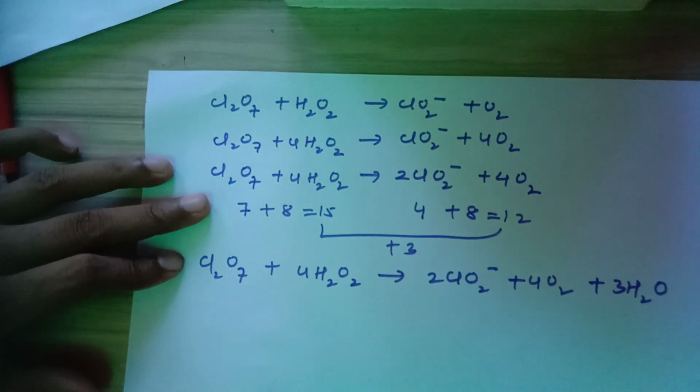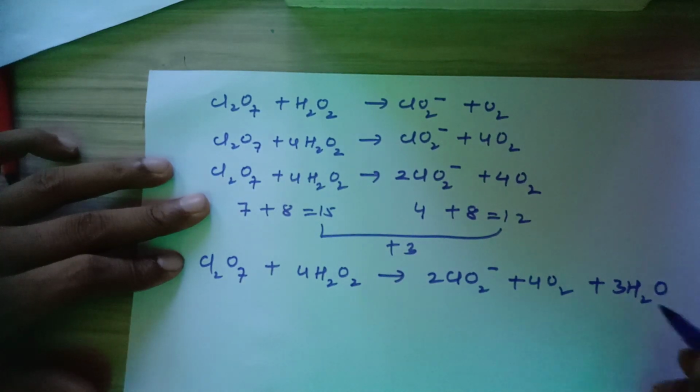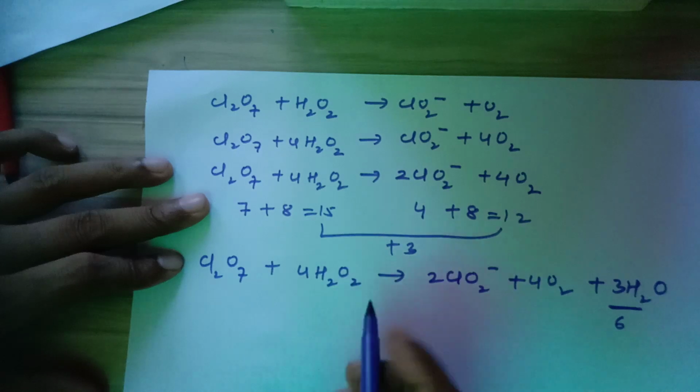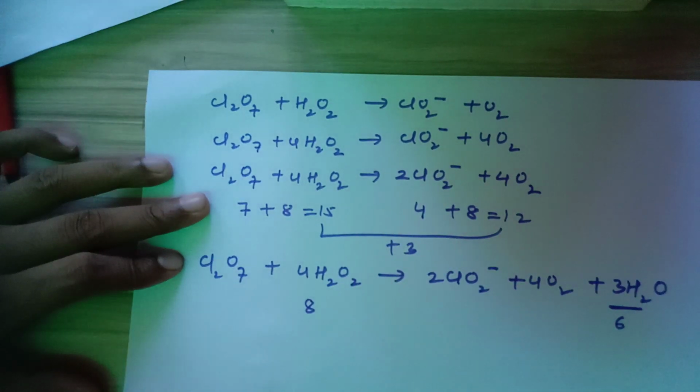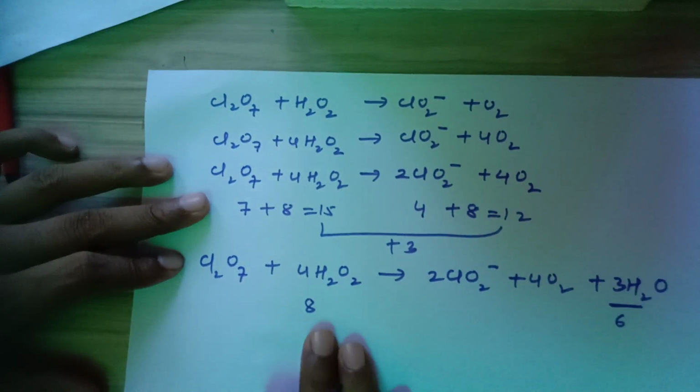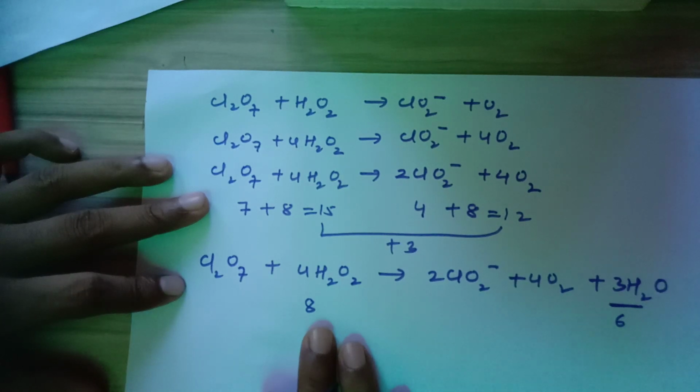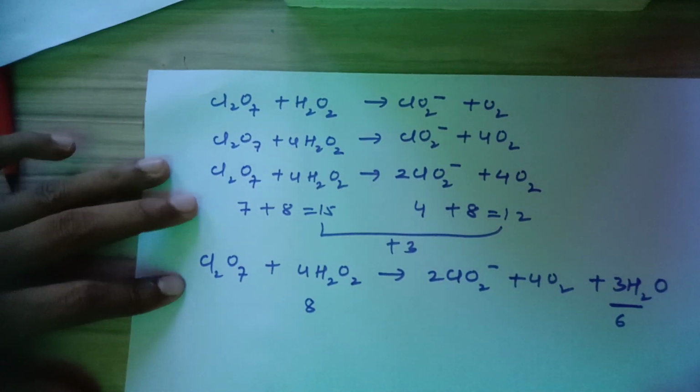Now let's balance hydrogen. The number of hydrogen over here is 8 and over here it is 6. So here it is less, there it is more. So we have to add 2H plus on the right hand side.